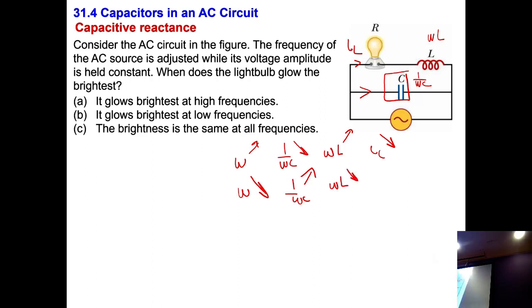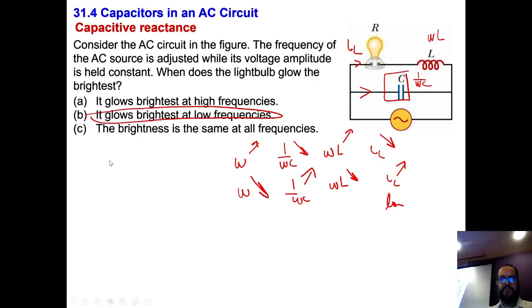So that means the top branch has much less resistance than the capacitive branch, so most of the current will flow through that branch. In this case, IL is going to be higher, and the lamp will glow brighter. So the correct answer is it will glow the brightest at lower frequencies.